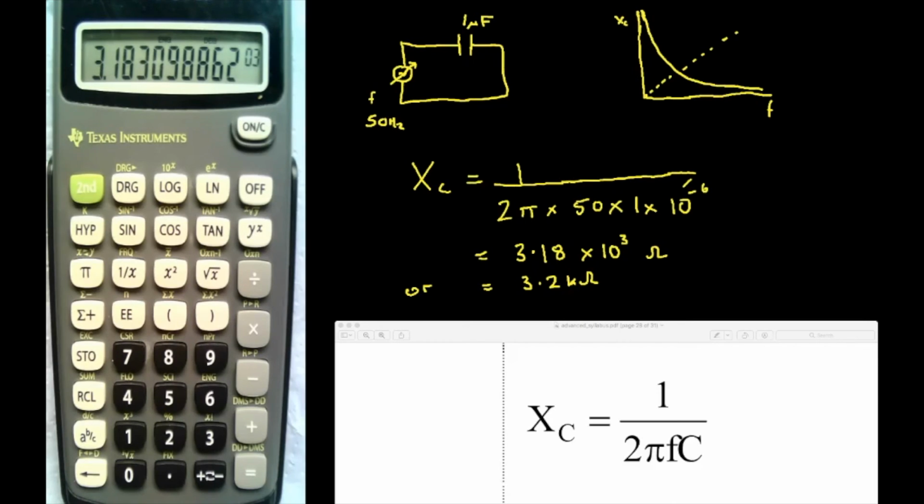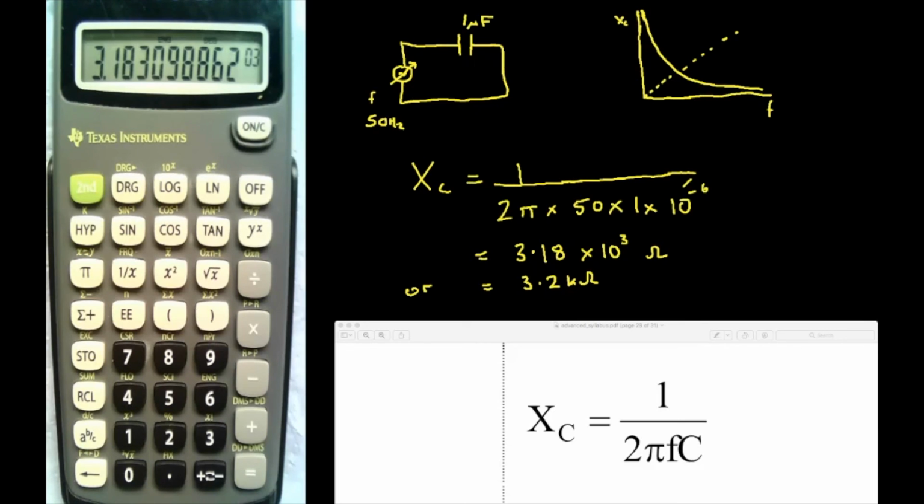So what we're saying is a 1 microfarad capacitor with 50 Hertz will provide an opposition to current flow of 3.2 kilo ohms. Or another way of putting that is that a 1 microfarad capacitor has a capacitive reactance of 3.2 kilo ohms at 50 Hertz.